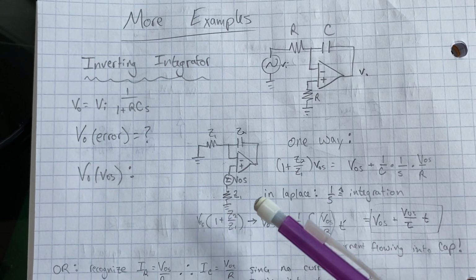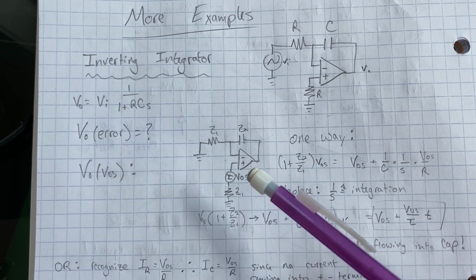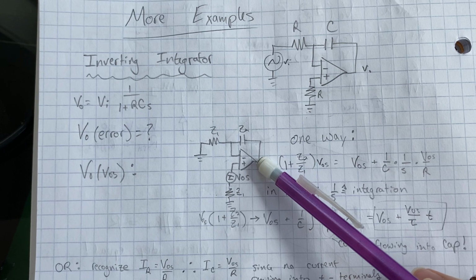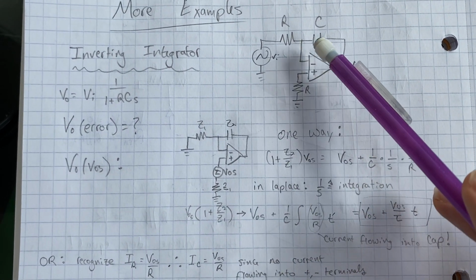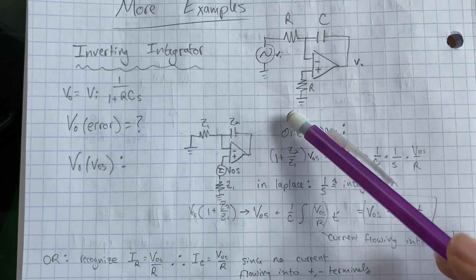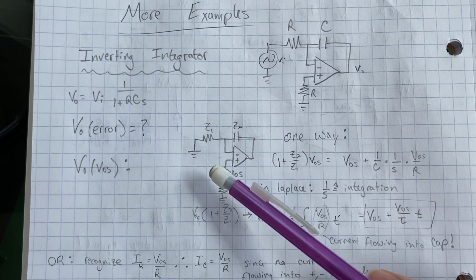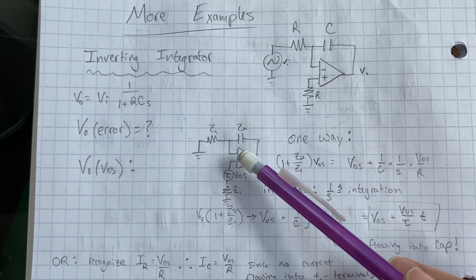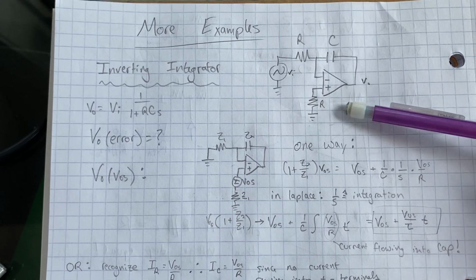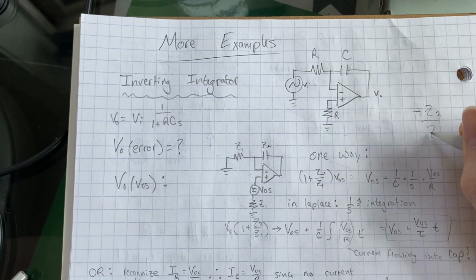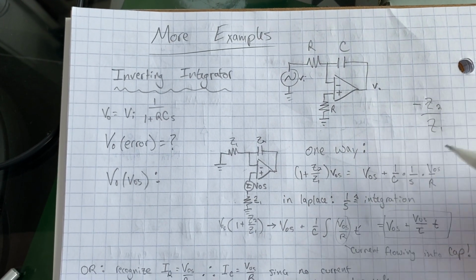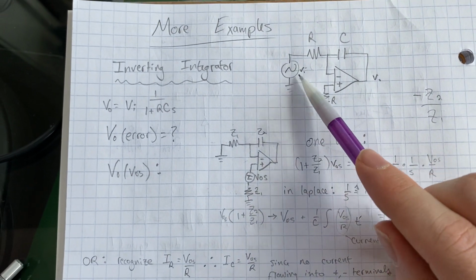First way you can do it is we've placed it at one pin here, and we can just use impedance division again. So it's 1 plus R2 over R1, because now we're treating this as a non-inverting configuration. Before, for inverting, it's minus Z2 over Z1 as a transfer function, and that was because we had our input into this pin.